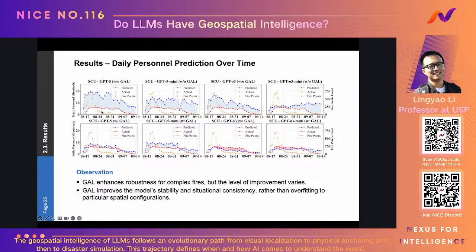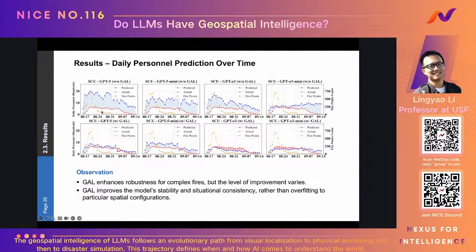Okay, based on these three projects, I want to summarize some key findings. For the first project, the image geolocalization, we observed that closed source models always lead in performance, but also at a higher cost. And models rely on different visual cues, but they might not generate a holistic understanding.